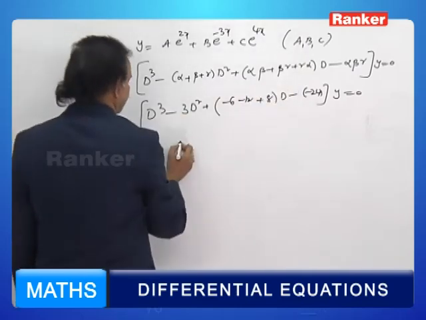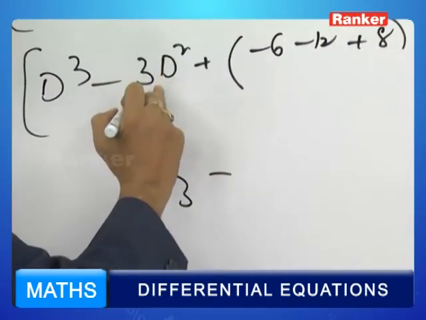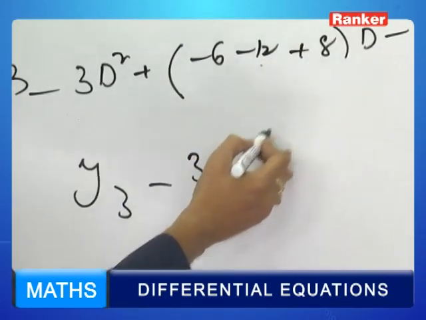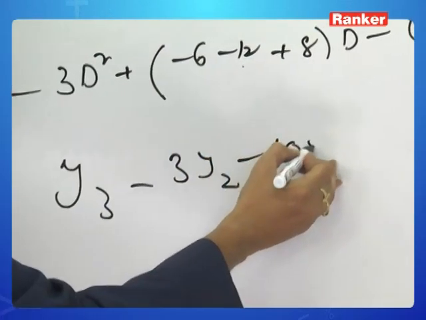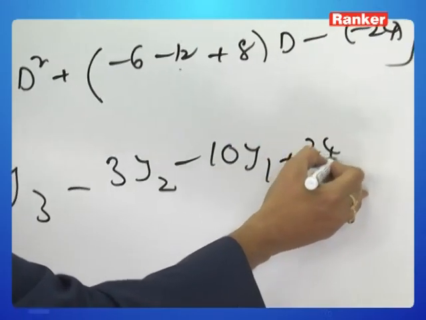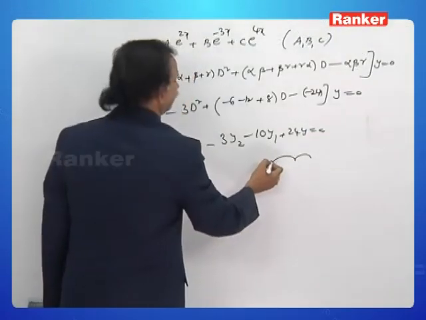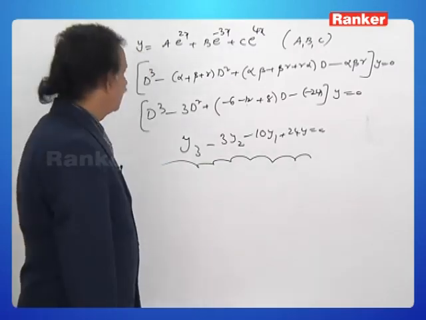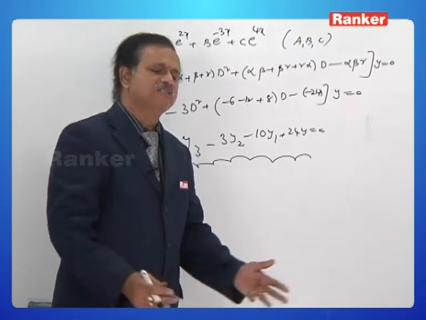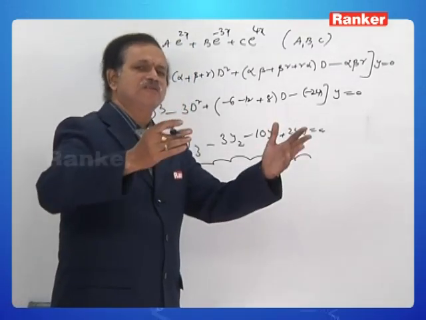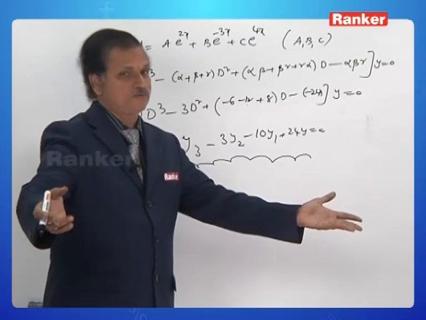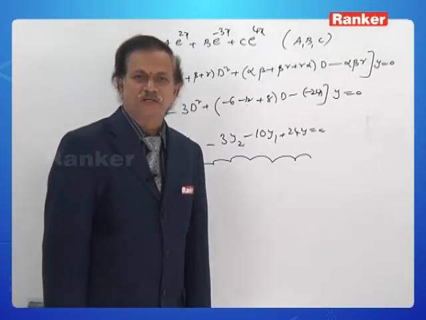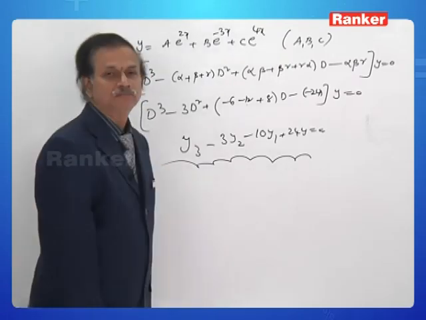D cube of y is y3, d square of y is y2. Minus 18 plus 8 is minus 10. Minus 10 y1 plus 24 y is equal to 0. It's a beautiful answer. Instead of differentiating thrice and producing a huge 4x4 determinant and expanding it, which is a cumbersome process, we are very happy to have the answer.